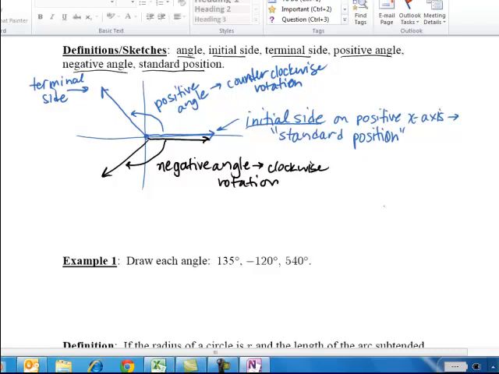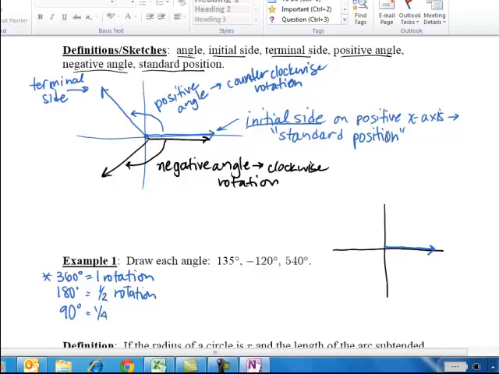So 135 degrees in standard position, we would want the initial side on the positive x-axis. What you want to keep in mind is that there are 360 degrees in one rotation, or 180 degrees in half a rotation, 90 degrees in a quarter, and then 45 halfway through each quadrant, which would be 1/8 of a rotation.